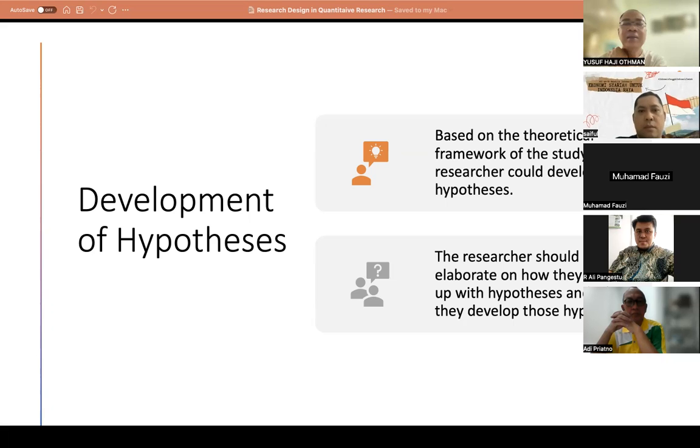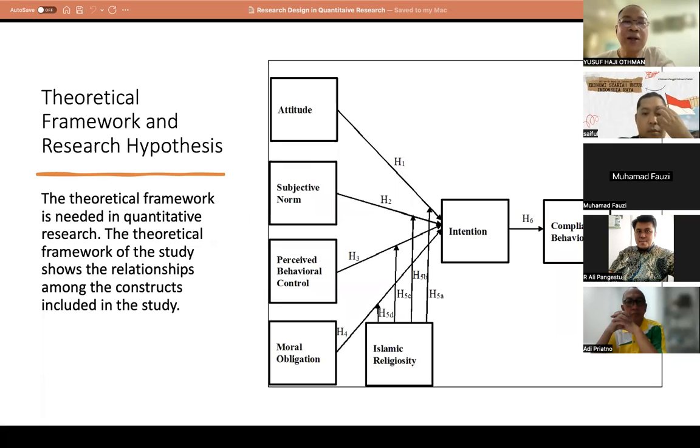So the challenge is to form the theoretical framework of the study. You need to have a strong theoretical framework, and then you need to properly define the population of the study: who you are going to study, who will constitute the population of your study.